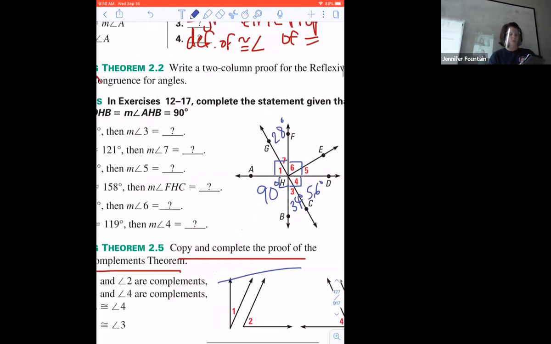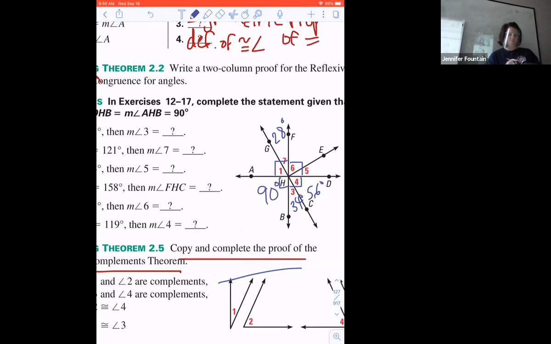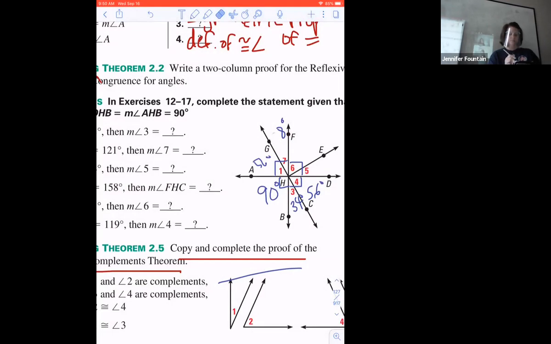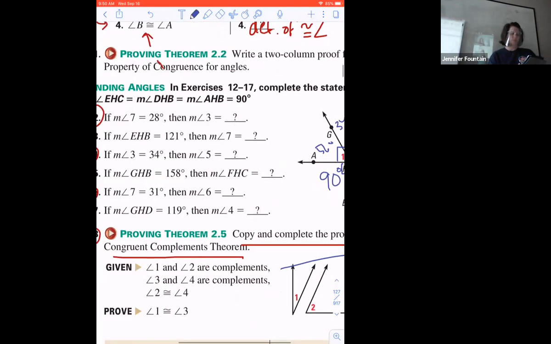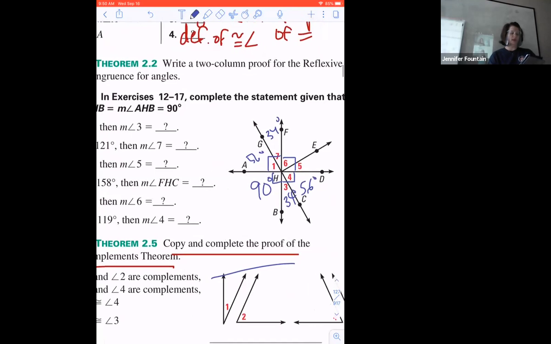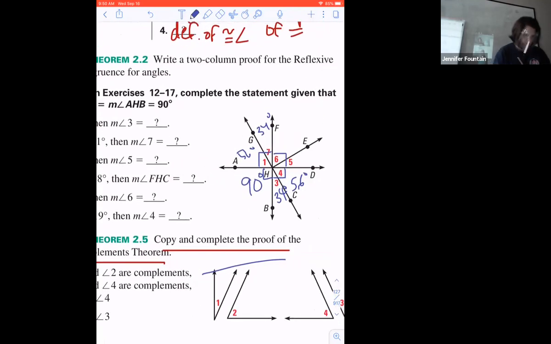So that means angle 1 is going to be 56 degrees, and angle 7 is 34 degrees. So then, what is angle 5 going to be? 34 degrees. Okay.